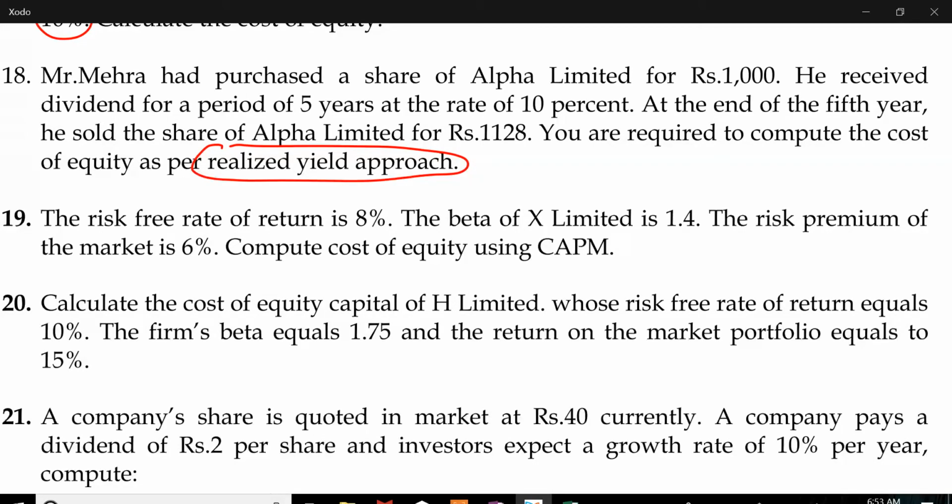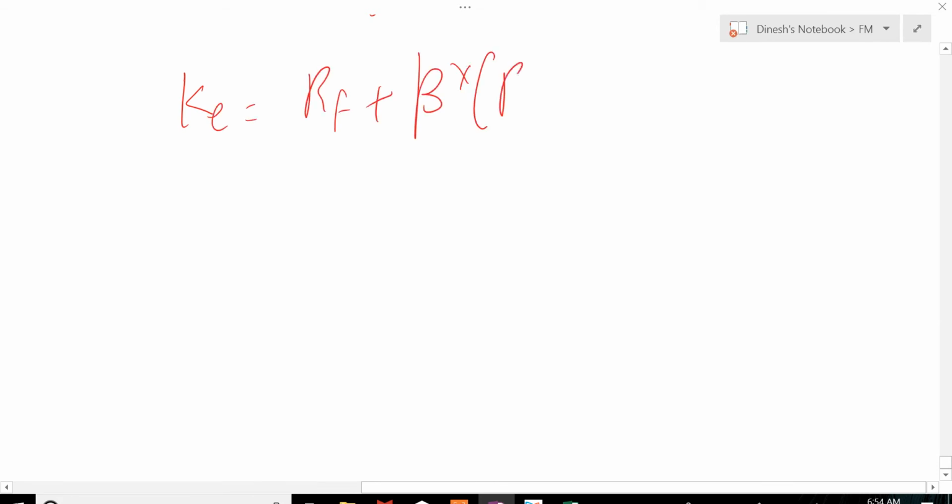Now write KE equal to RF plus beta into RM minus RF.